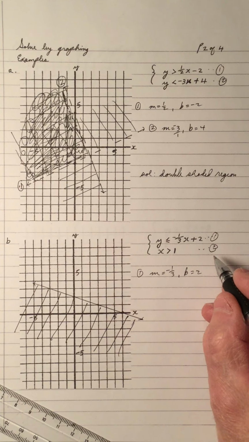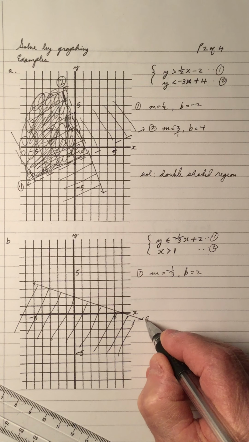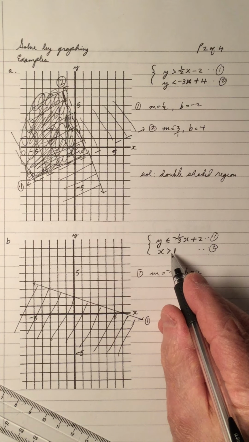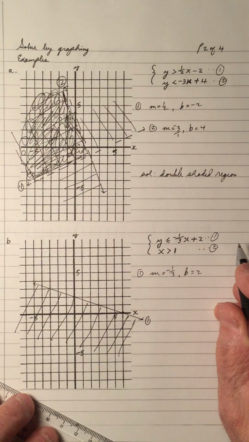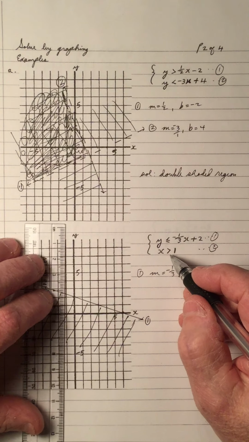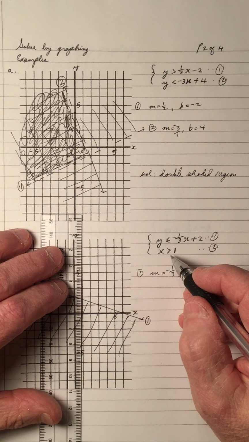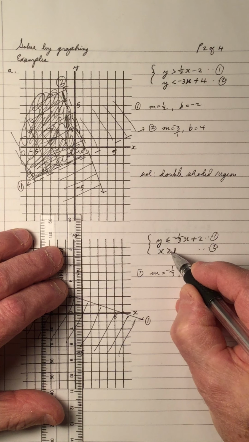Now number 2, which is this one, so this is number 1. Number 2, x is greater than or equal to 1, is a vertical line at x equals 1. Let me put an equal sign right here.